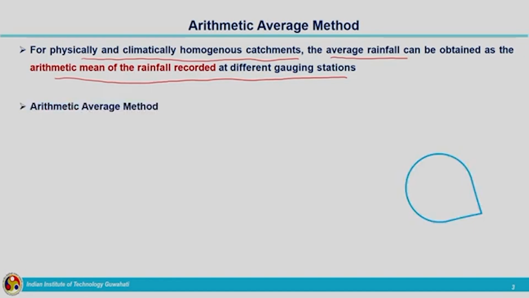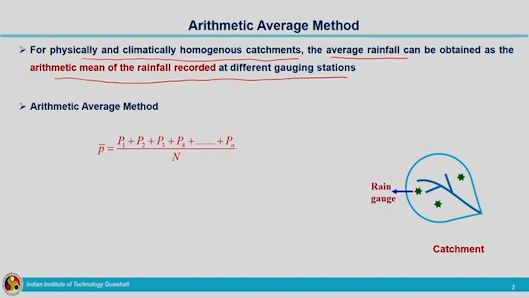We have a catchment like this. This is a representative picture of the catchment, and within the catchment we have the stream network. For example, in this catchment we have 3 rain gauges. We are recording the data from these 3 rain gauges and we have the corresponding data in tabular form. We can get the average rainfall by using the simple average formula.